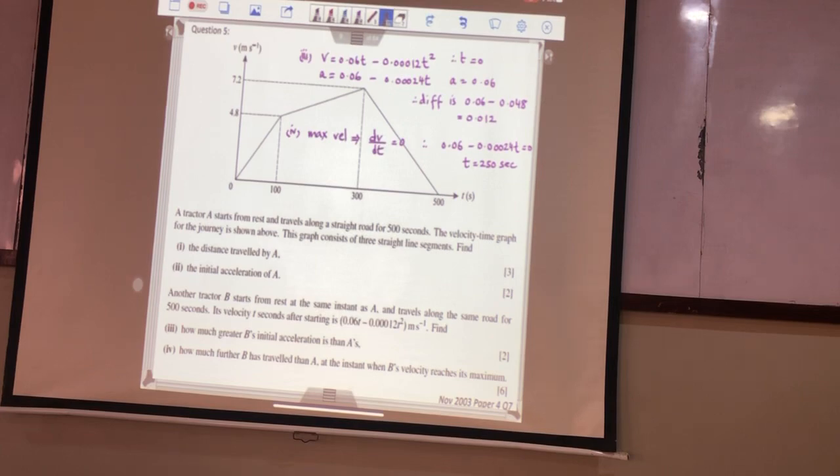Now, maximum velocity. What does it mean? Whenever they ask for something maxima, something minima, that means make the derivative of that particular expression equal to 0. If they ask for maximum displacement, derivative of displacement equals 0 will give you the time.